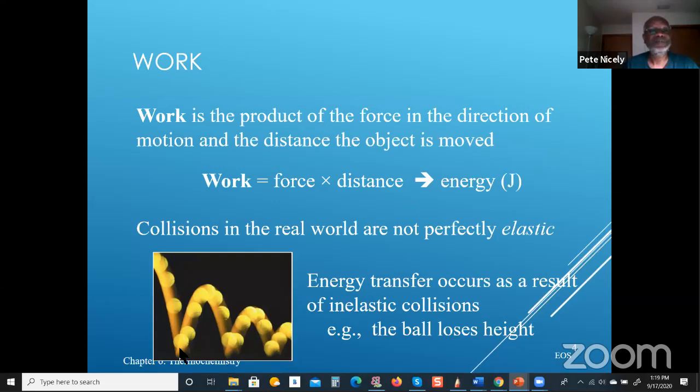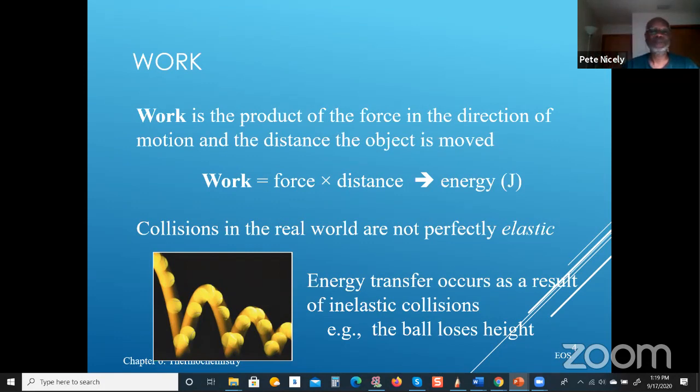It bounces up, but you'll notice that it will never bounce up to the same height from which it falls from the beginning, right? And then it bounces again, and the maximum height here is less than what it was before, and that continues, right? And that's because the energy is not elastic. You have energy transfer as the ball hits the ground. For example, the sound that you hear when the ball hits the ground, that's of course a form of energy.